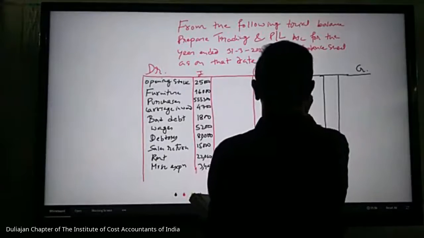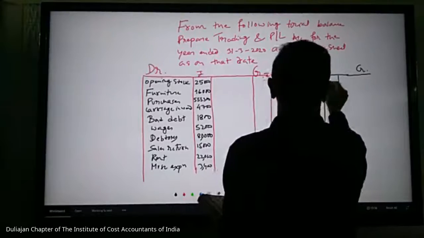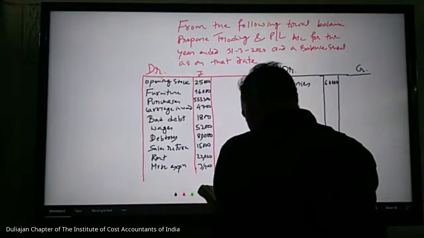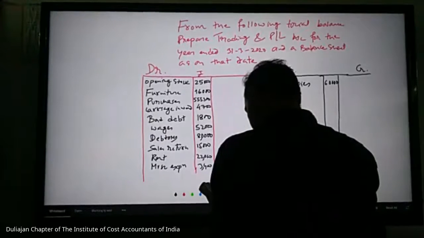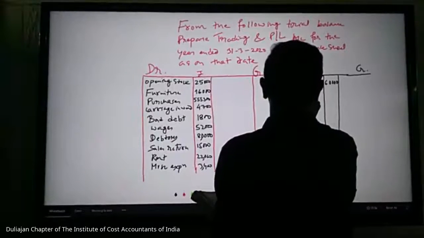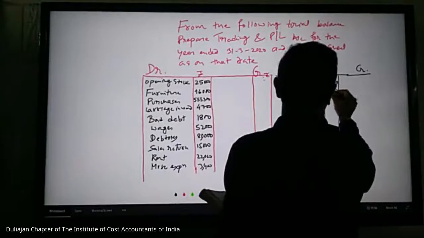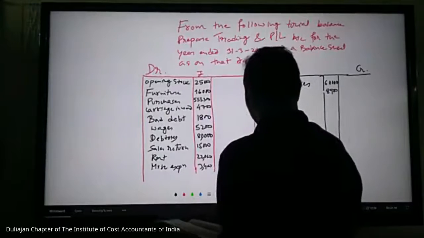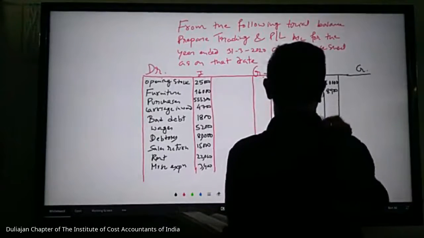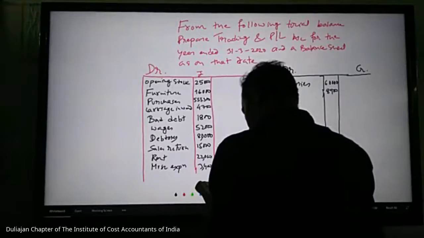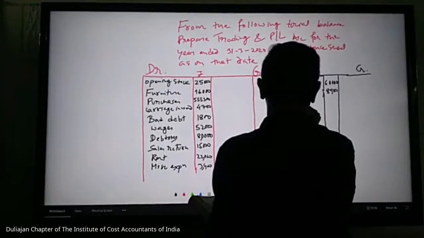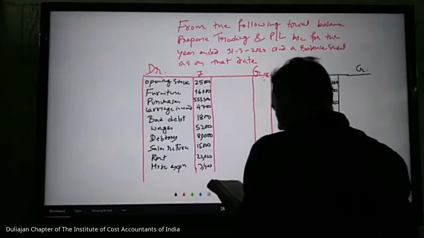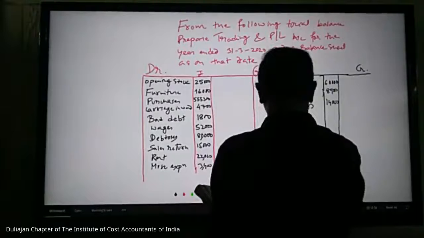Salary 60,000. Cash 8,900. Drawings 14,000. Building 1,60,000.